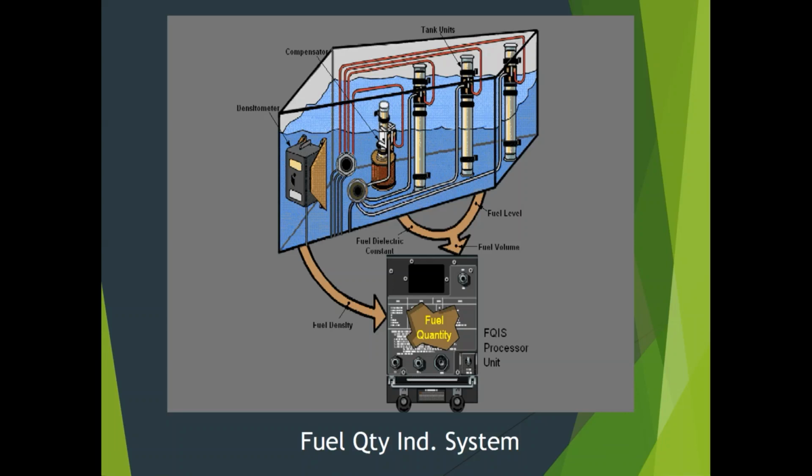We have to know what's known as the dielectric constant of the fuel, or the dielectric capacity of the fuel. These are capacitance-based systems, and so that's where that term comes from. We have a densitometer.